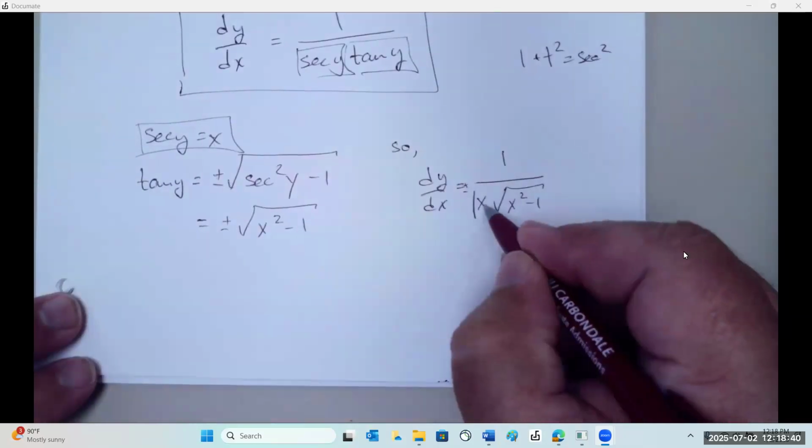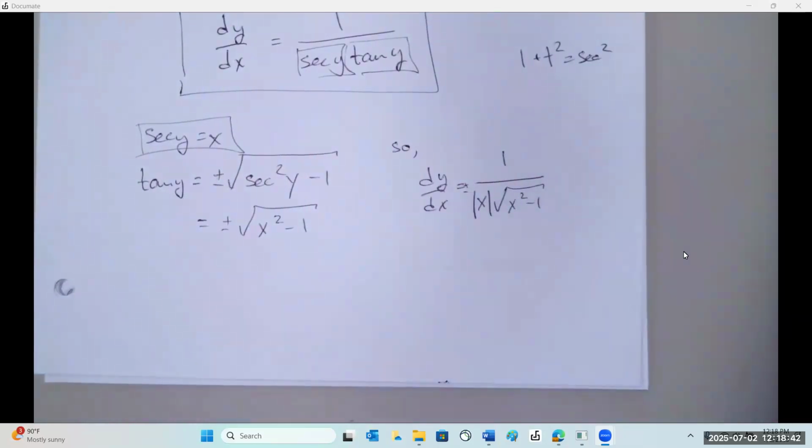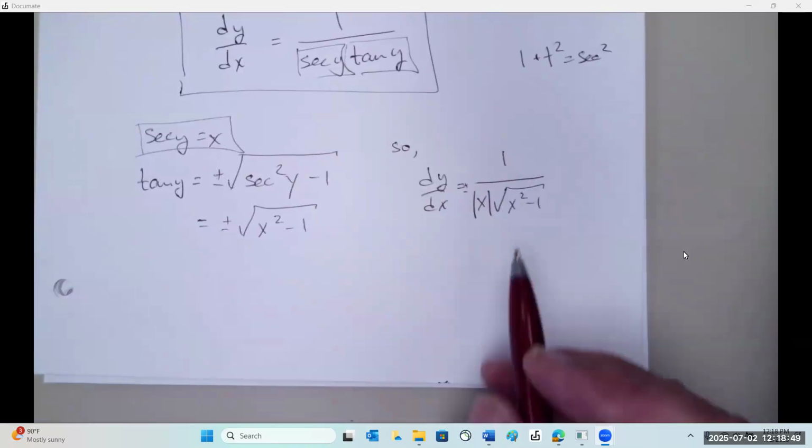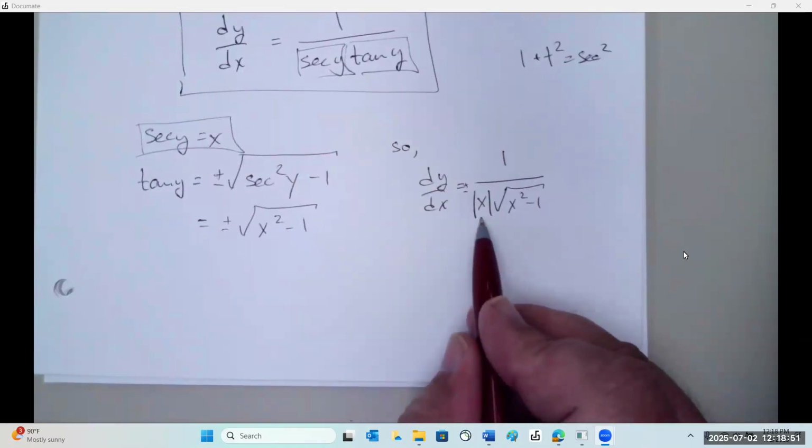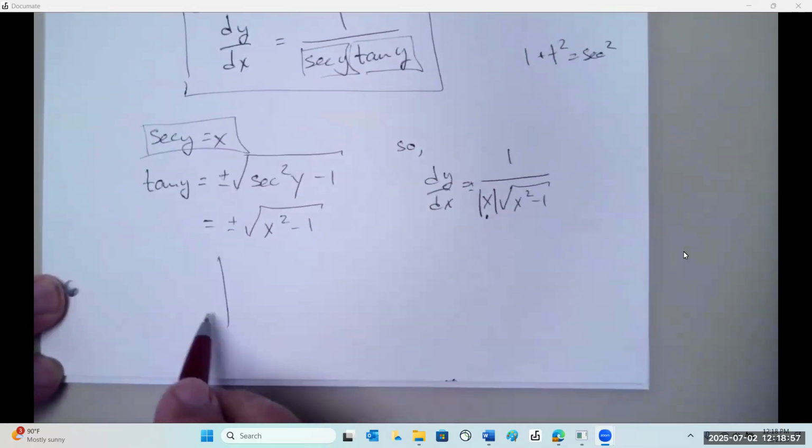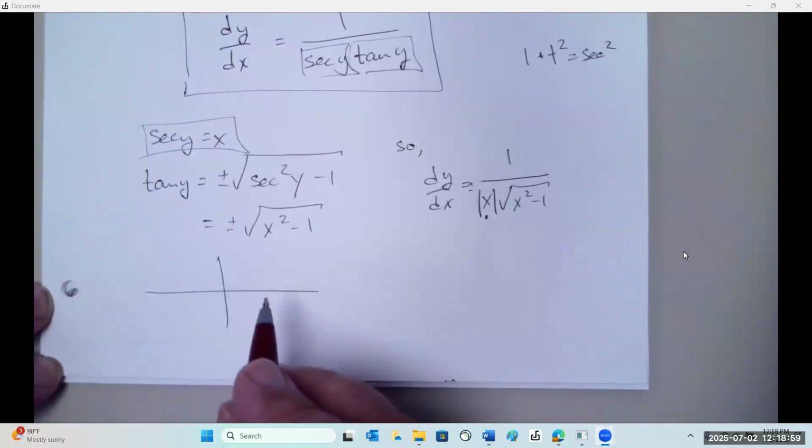Instead of plus or minus, we make the absolute value. Why does the x have to be absolute value? Remember the graph.